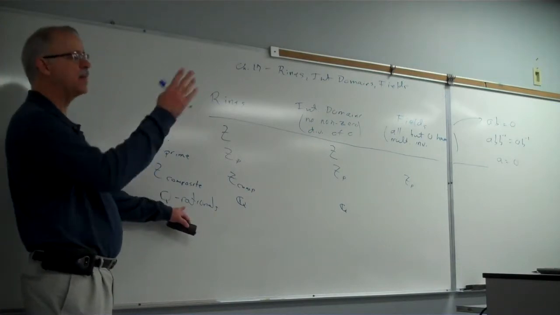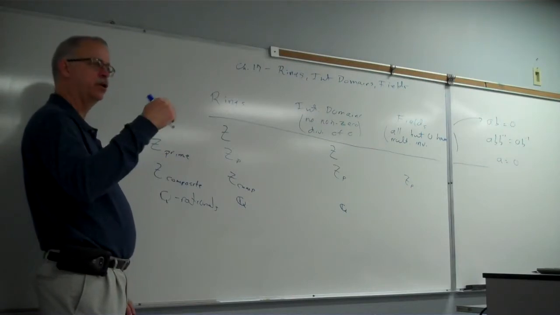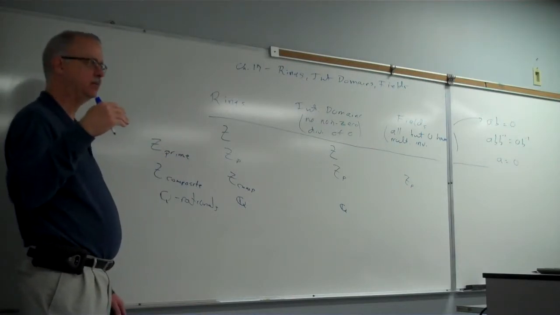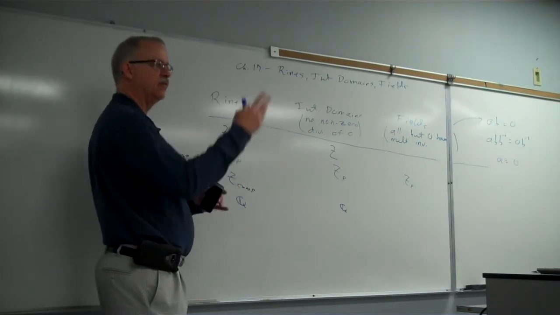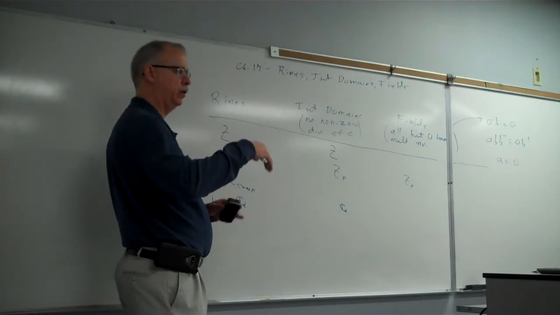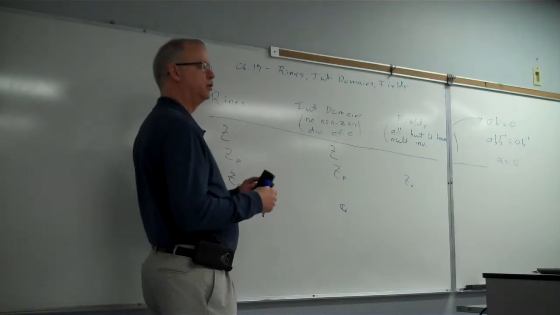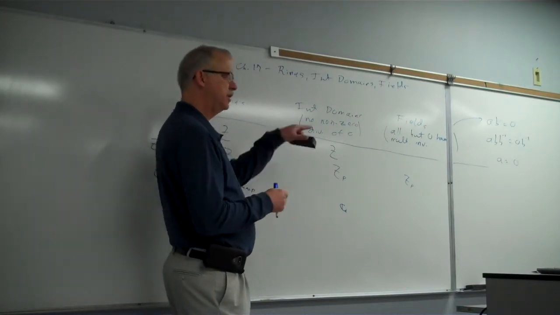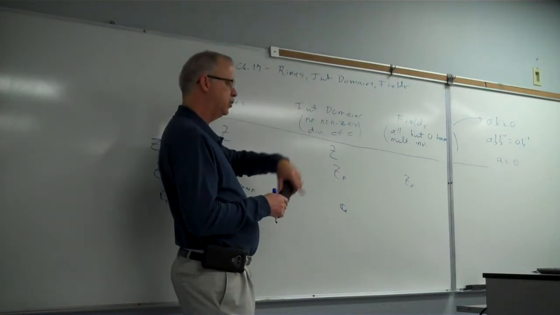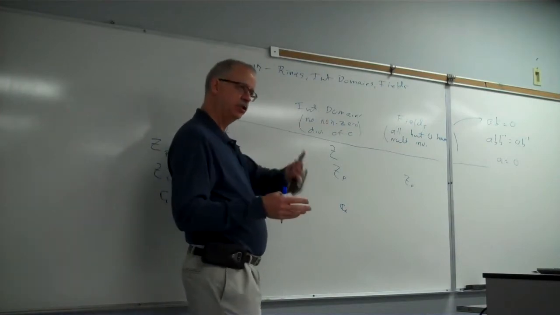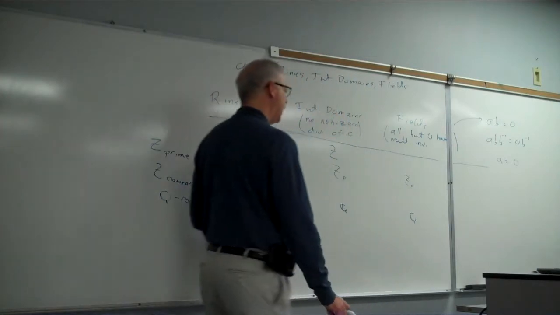Well, in a sense, yeah, if we think about the rationals, it's some quotient, P over Q, where Q isn't 0. So what's the inverse of P over Q? Q over P. So everything does have an inverse, except for 0. I mean, 0 over 1 doesn't have an inverse, but 0 over 1 is 0. To be a rational, the denominator has to be non-zero. To have an inverse, the numerator has to be non-zero. But if you've got P over Q and neither one is 0, the inverse is Q over P. So everything has an inverse. What about the reals?